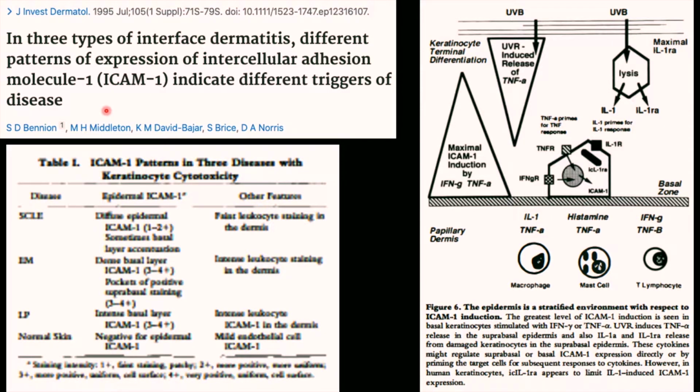There are a lot of studies to learn from, especially the one that came in 1995 to discuss the difference between SCLE, EM and LP. If you want further reading, you can start learning about those different entities via the mechanism of ICAM-1.